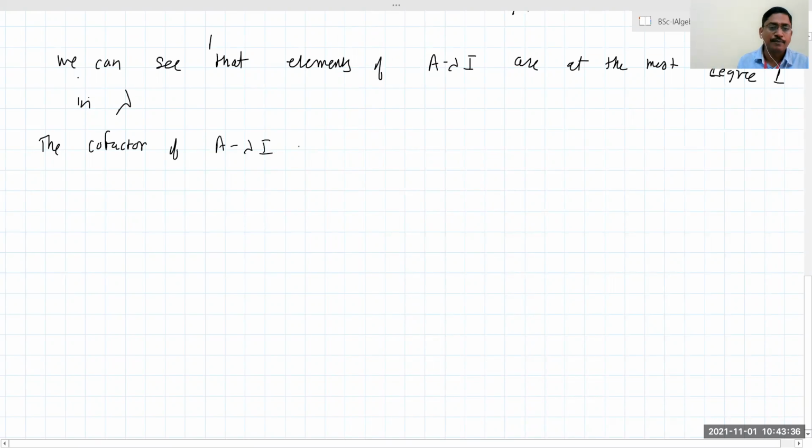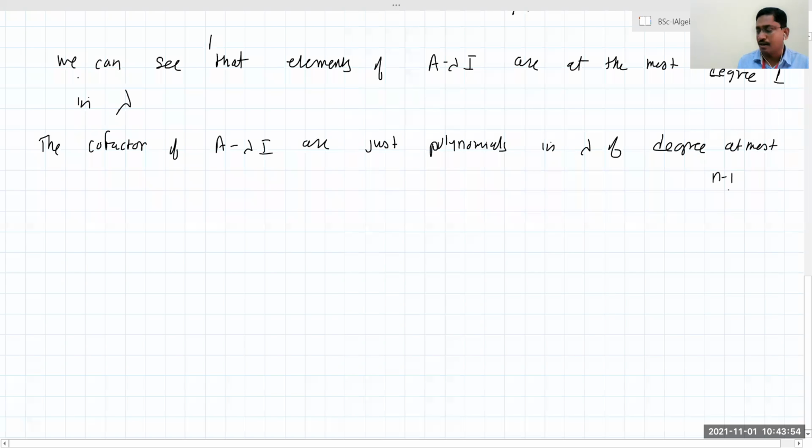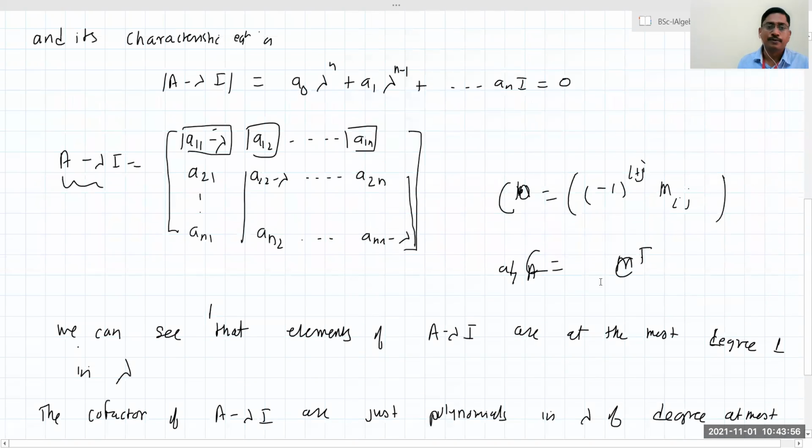If you calculate the cofactor of each entry of A minus lambda I, they are just polynomials in lambda of degree at most n minus 1. I will explain how.